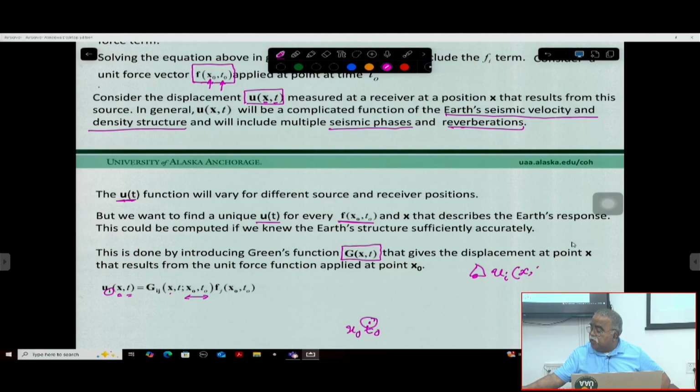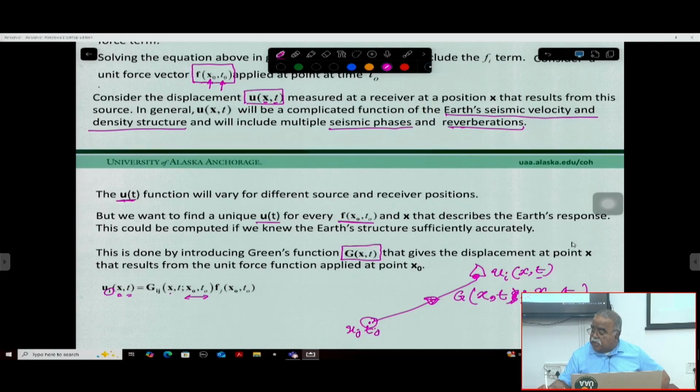This is related with g x t; x0 t0. So this is your Green function, g, which will equal x and then comma t, because that's the time, and also with a semicolon having x0 and t0, the earthquake source location and time. So this is what we need to calculate, which basically passes through the materials of this body, right?